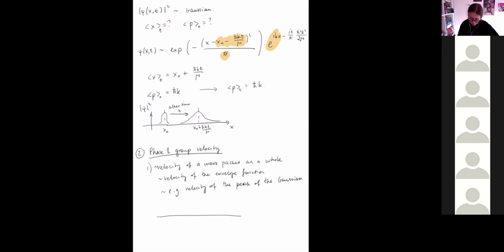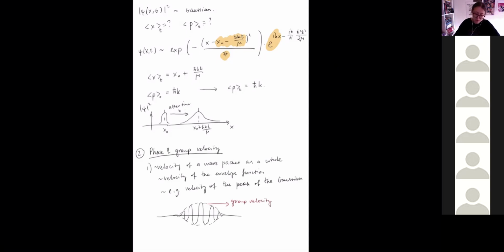So imagine that we have some envelope function here, and then we have our wave packet, right? And then two different velocities. The first one is for the wave packet as a whole, so what is the velocity of the peak of the envelope, and this is called the group velocity.